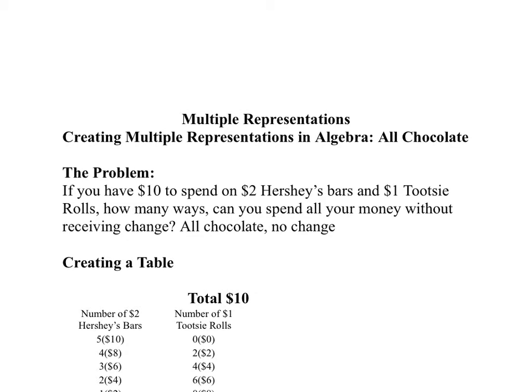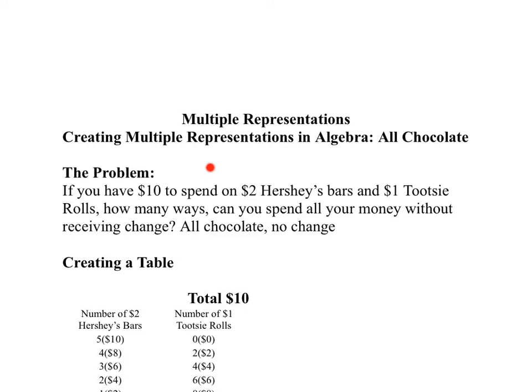I'm asking them to create a way where they can buy all chocolate, and out of the $10 get no change. Let's take into consideration that this is somebody at school selling, and we're not looking at tax. So we've given them the problem: you have $10 to spend on $2 Hershey bars and $1 Tootsie Rolls. How many ways can you spend all of your money without receiving change?